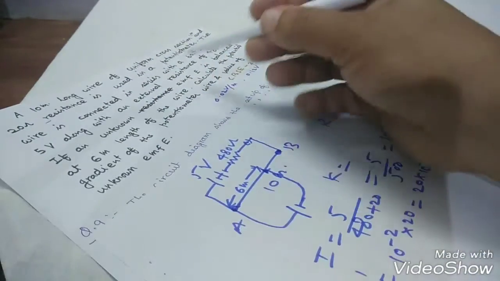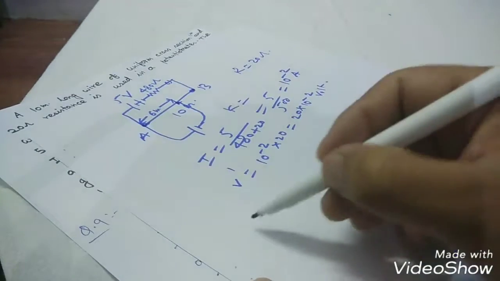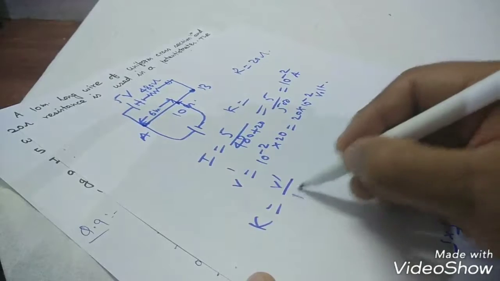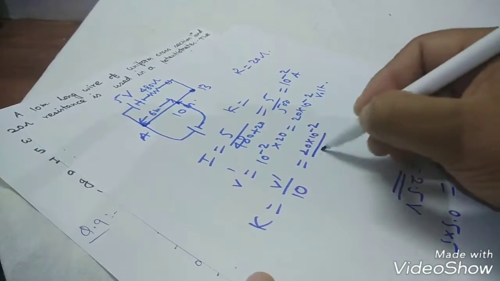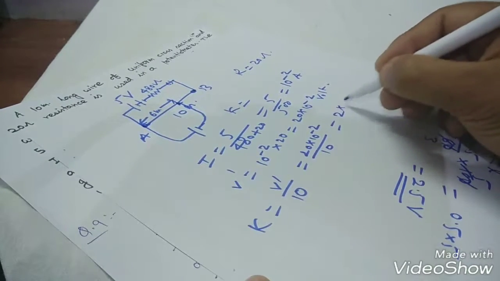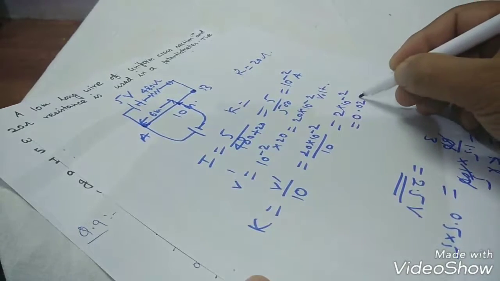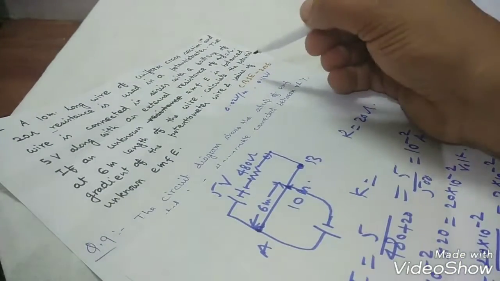Then K will be equal to V dash, the potential drop, by its length. That is 20 into 10 to the power minus 2 by 10, equal to 2 into 10 to the power minus 2, equal to 0.02 volt per meter will be the potential gradient.